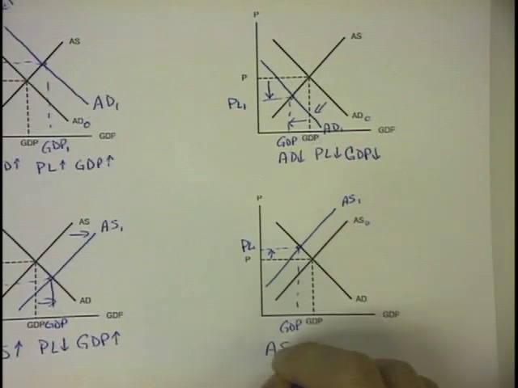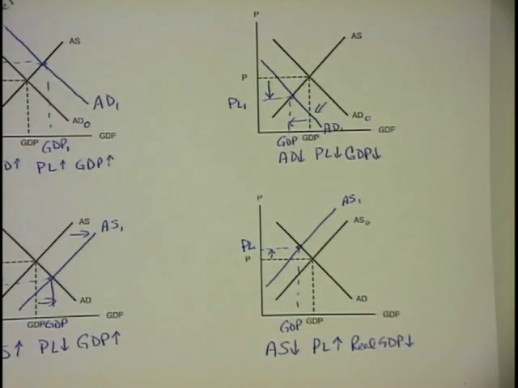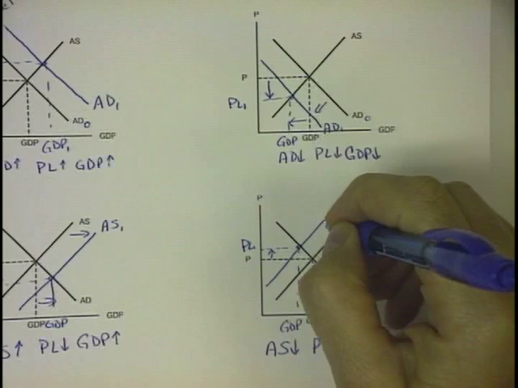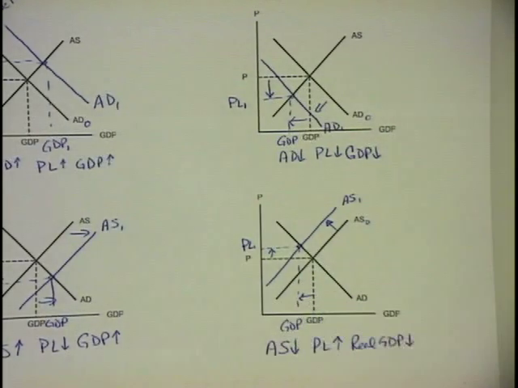Okay, so if aggregate supply decreases, price level increases and real GDP decreases. Okay, so when we lose a lot of labor because the baby boomers are all retiring, that's going to shift our aggregate supply curve to the left, and that's going to cause us to have an increase in price level and a decrease in our gross domestic product.